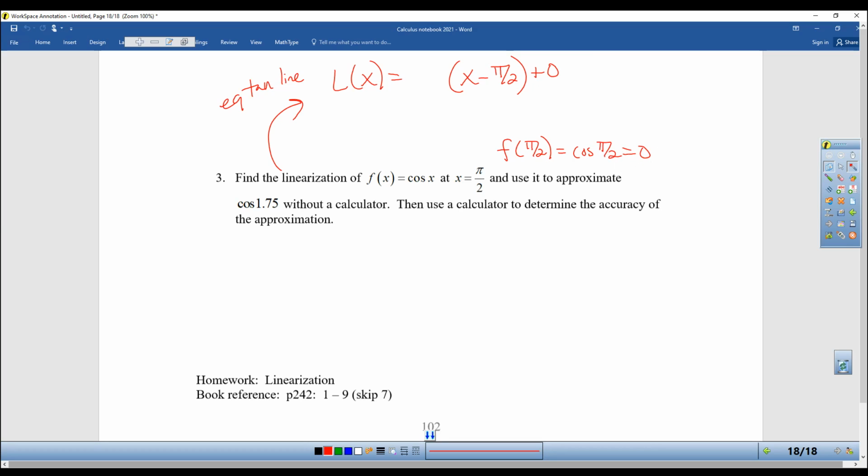So plus 0. And I want the derivative, f prime of x is just negative sine of x. So specifically at pi halves, negative sine of pi halves is -1. So the linearization of x is negative x plus pi halves.